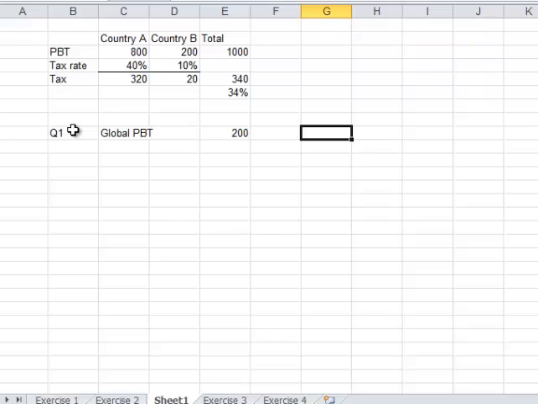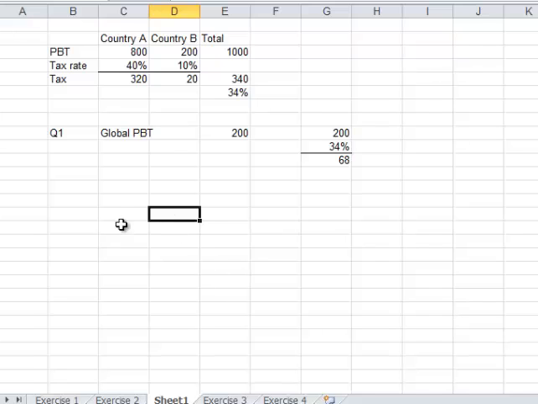So my Q1 provision would be my year-to-date provision of 200 times my annual effective tax rate of 34%. And for Q1, I would have a provision of $68. Okay? Easy. Okay, we good with that?